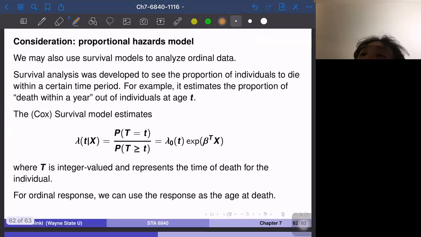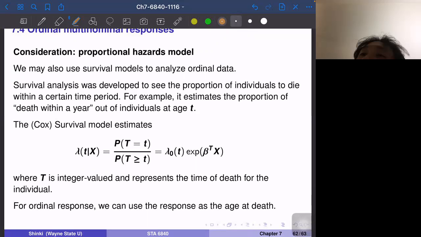Another consideration is the proportional hazards model. This comes from survival models. Survival models were originally developed to see the proportion of individuals who die within a certain time period. For example, we have cancer patients with different demographic variables, and we see how many of the patients survive after 1 year.